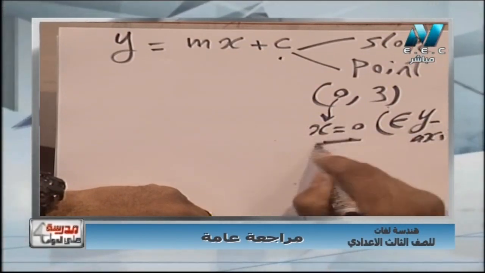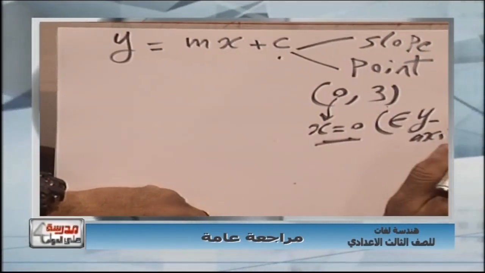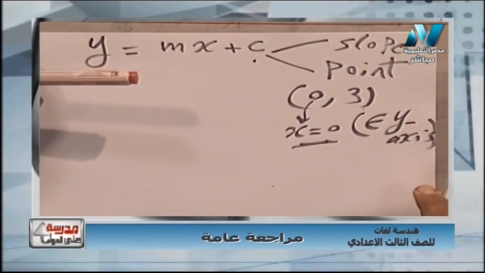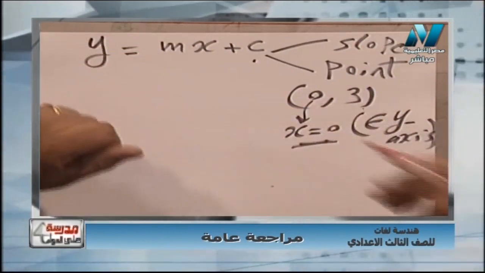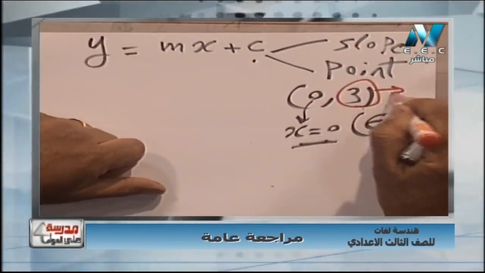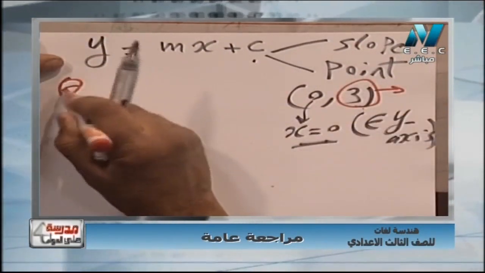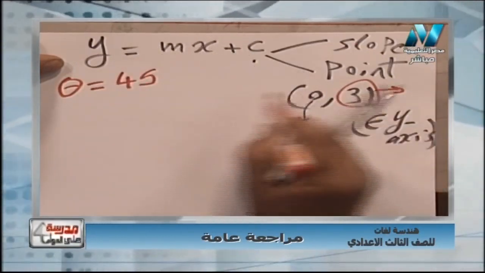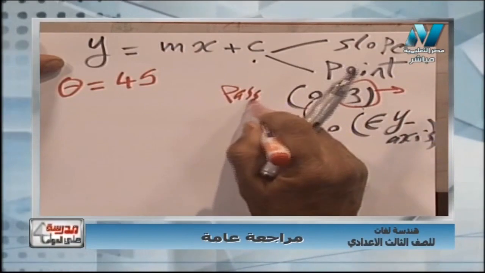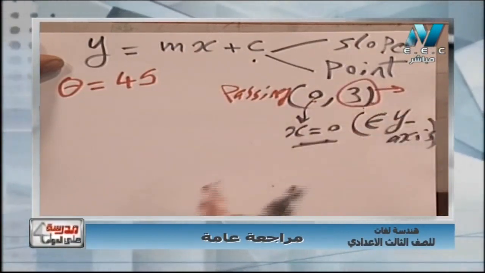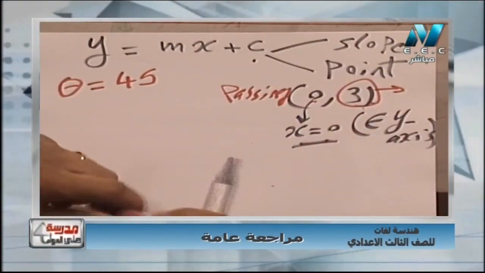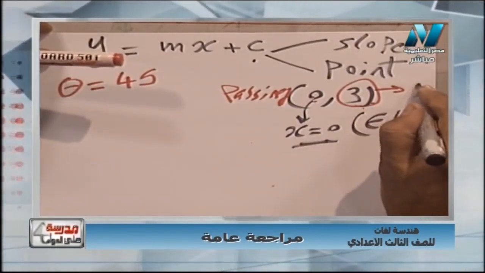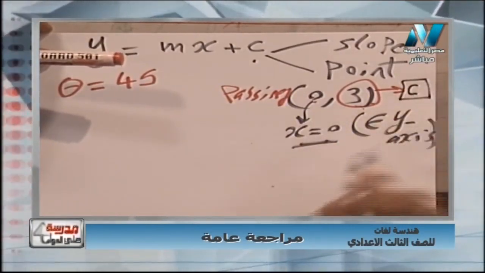When x equals 0, this point is on the y axis. On the y axis, and the slope is given, for example theta equal 45 and passing through this point 0, 3. Okay, 3 directly is the c.